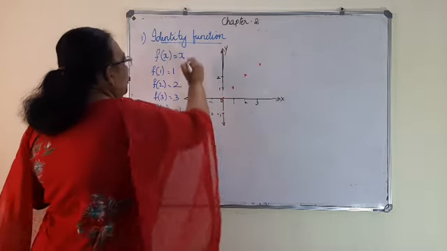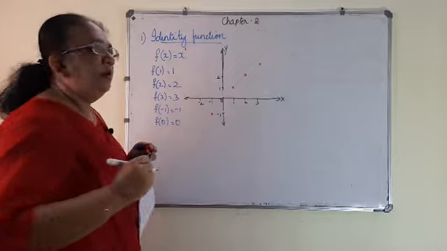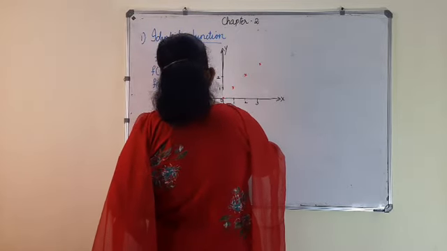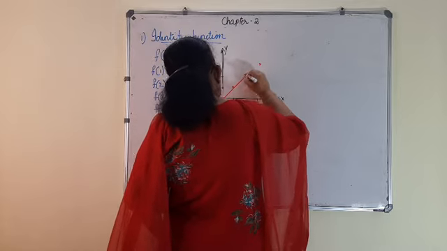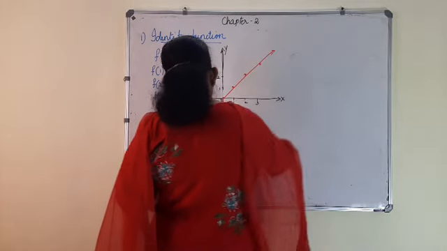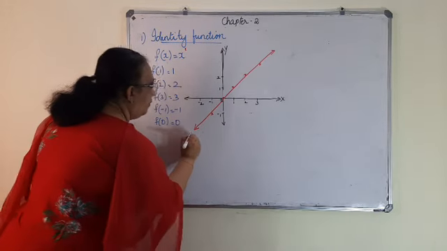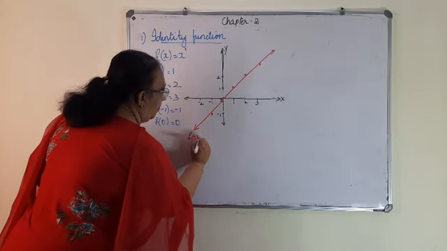Now, since the power of x is equal to 1, we join the points using a ruler. This is the graph of the identity function, f of x is equal to x.